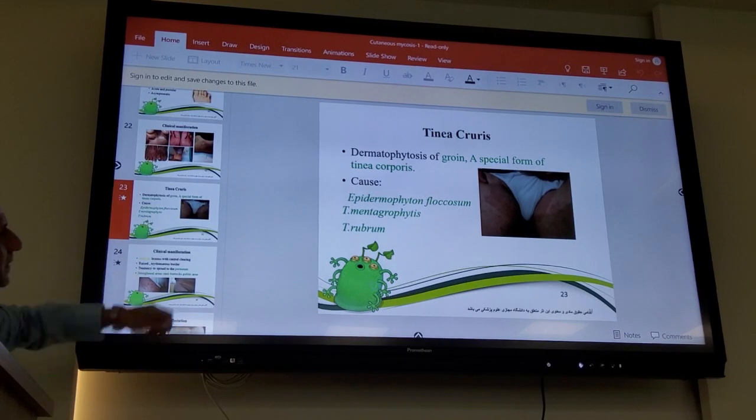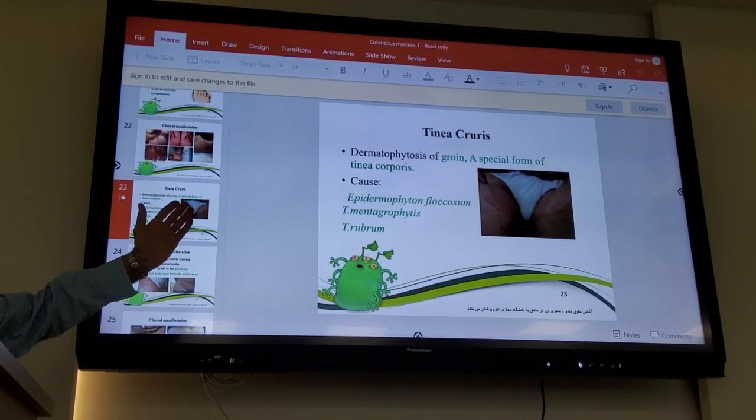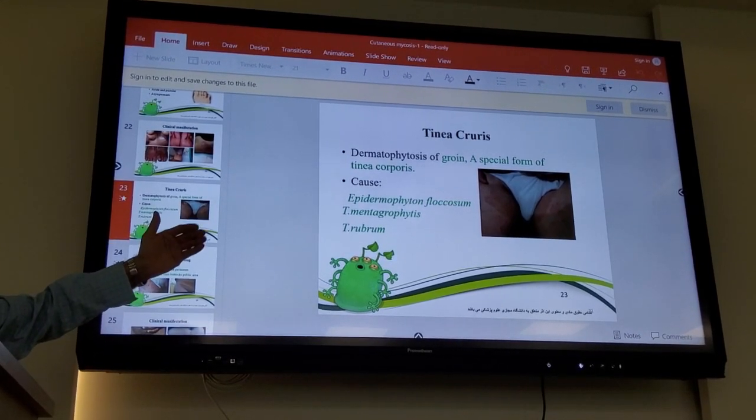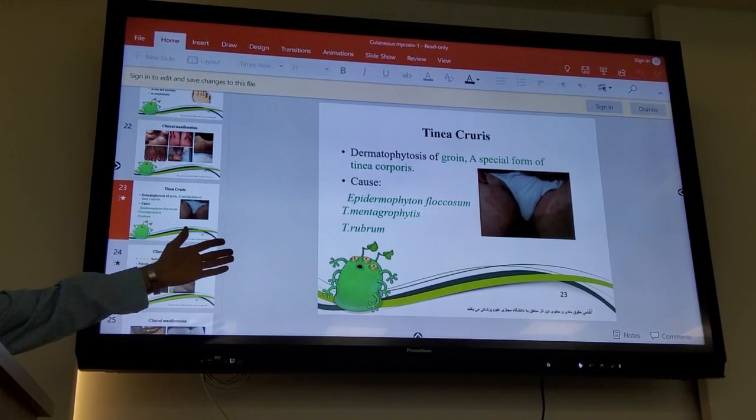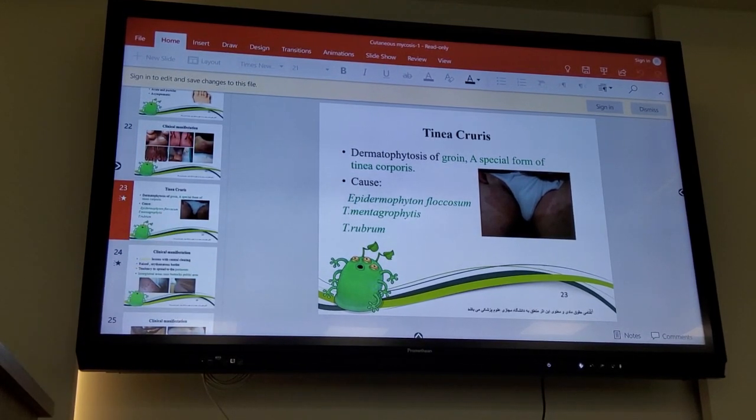Usually the lesion spreads to the buttock area and down to the thigh or semi-thigh.